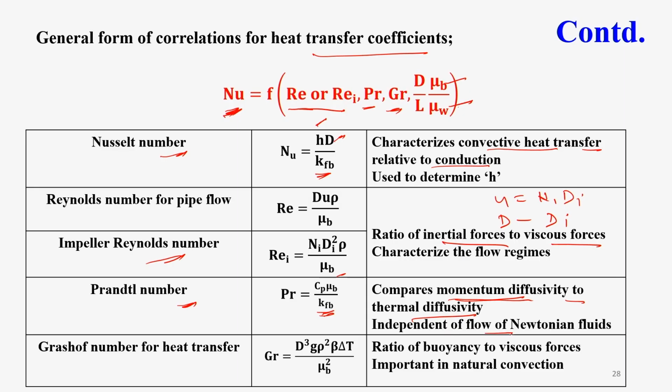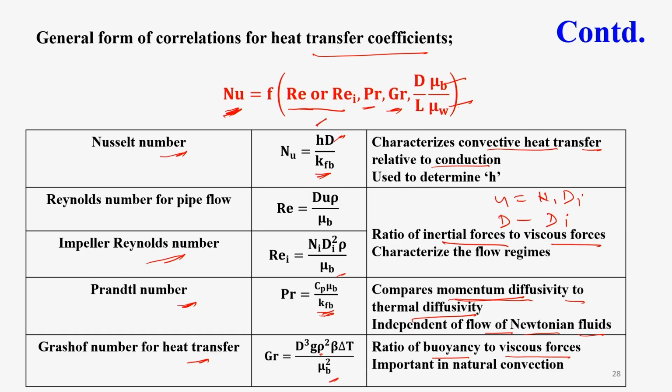It is independent of the flow of a Newtonian fluid. The next number is the Grashof number, which is the ratio of buoyancy to viscous force. The denominator is the viscosity, that is the viscous force, and the numerator involves the density, which is related to the buoyancy force.